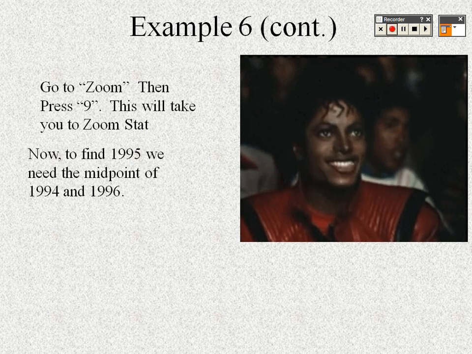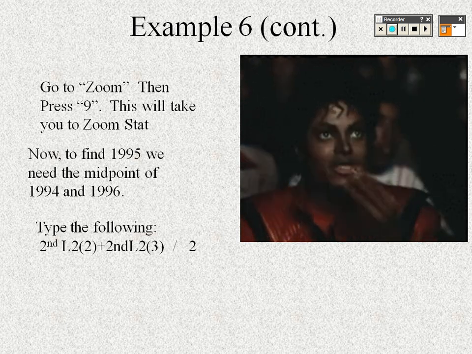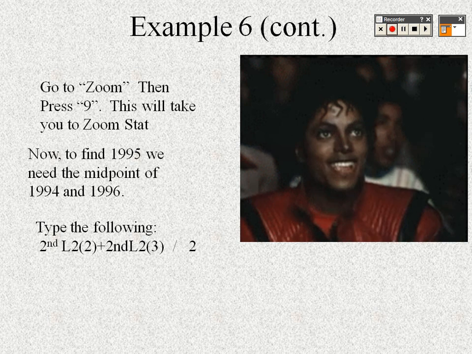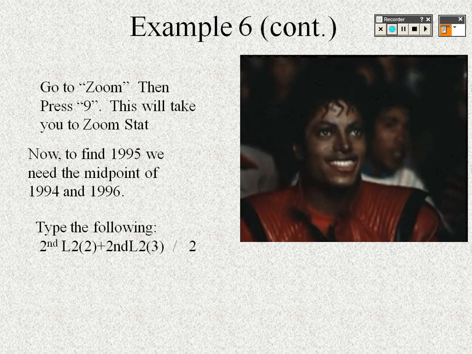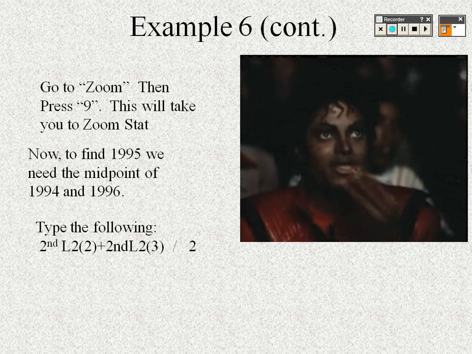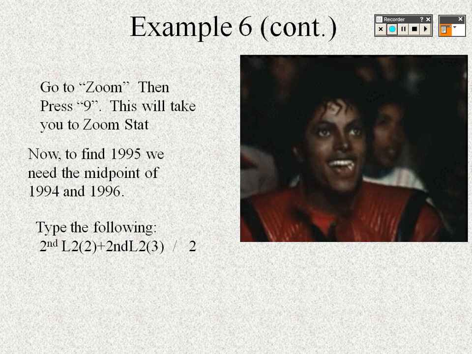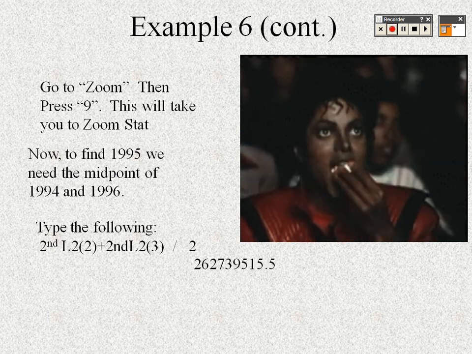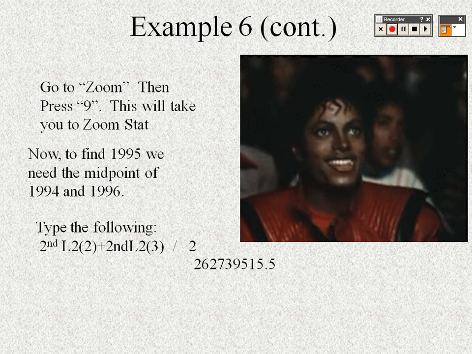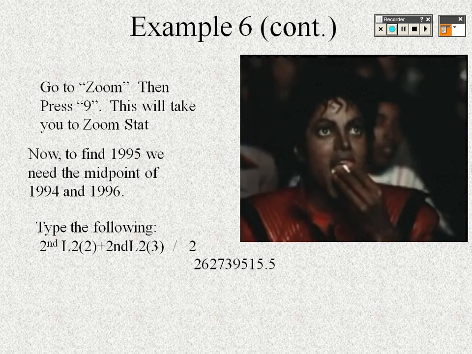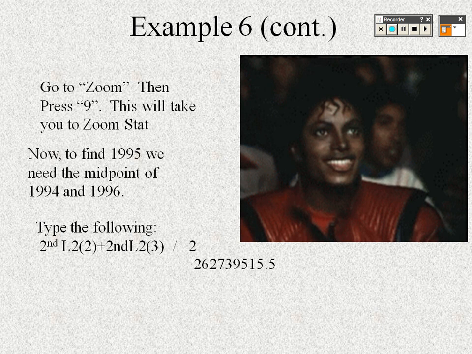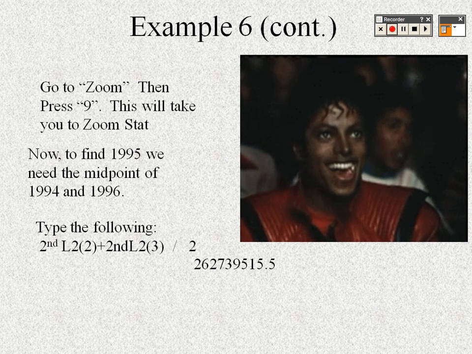You can just do what I told you, or you can type in from your list, list 2, 2 plus list 2, 3, and then divide by 2, and that'll give you your answer, which happens to be 100,262,739,515.5.